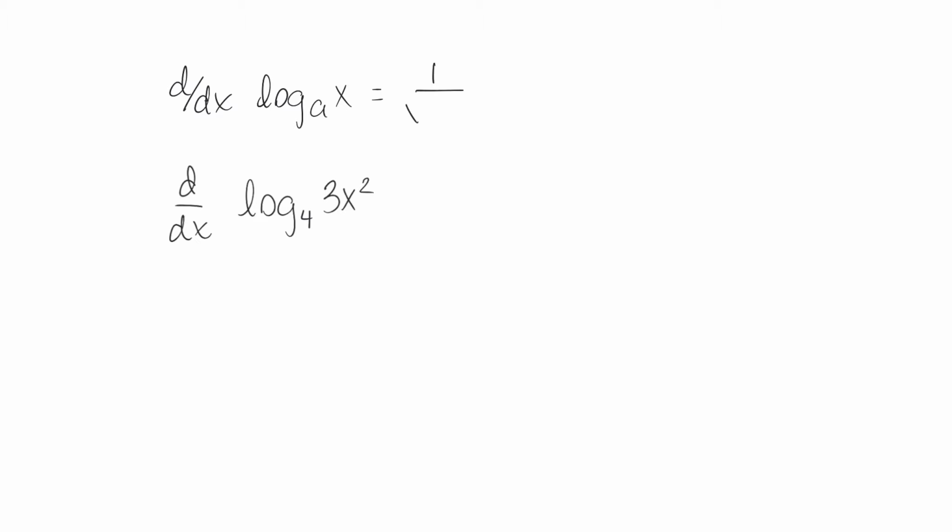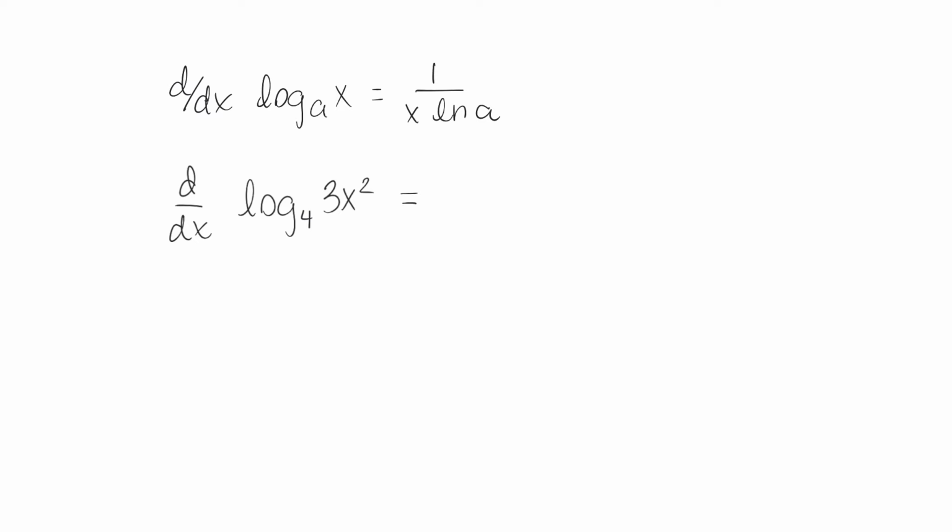All right, let's try 1 or 2 more of those. What if we would like to find the derivative of log base 4 of 3x squared? So on this one, remember the derivative, if you need to write these down, the derivative of log base a of x is 1 over x ln a.